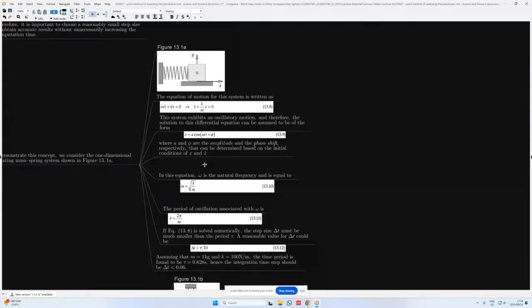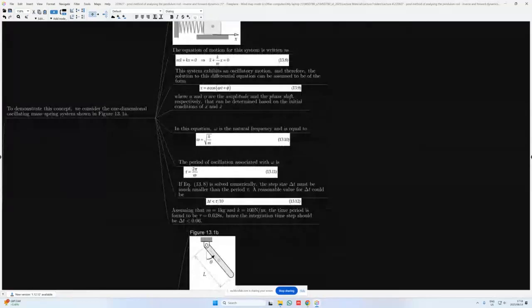Now, in this equation, omega is the natural frequency, and we simply equate this to the square root of the stiffness of the spring divided by the mass of the object connected to the spring. The period of the oscillation associated with omega is then simply calculated as tau, which is equal to 2 pi over omega.